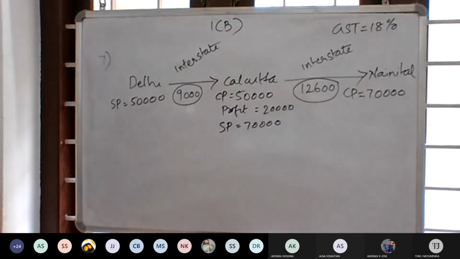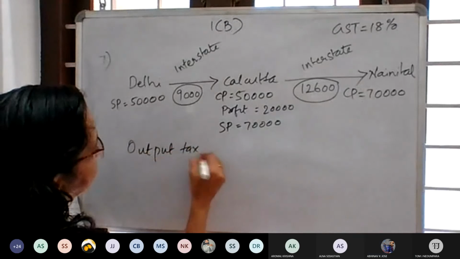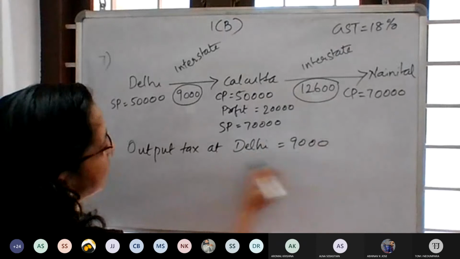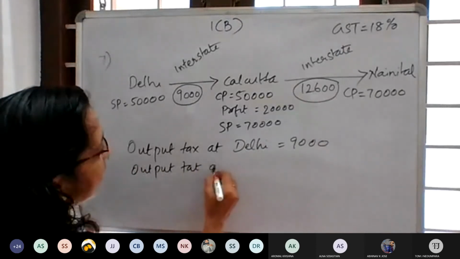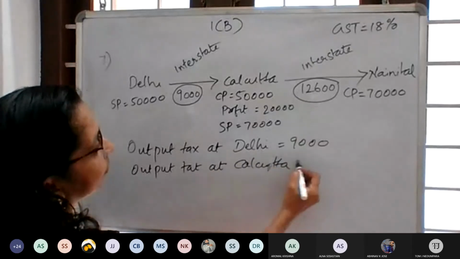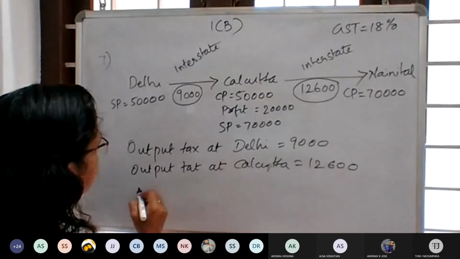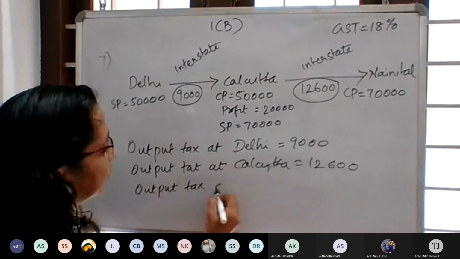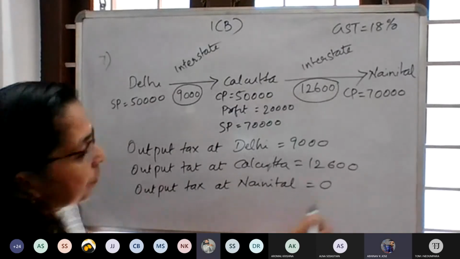Output tax at Delhi is equal to 9,000. Output tax at Calcutta is equal to 12,600. Output tax at Nainital is equal to 0.